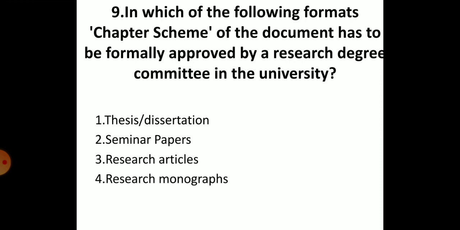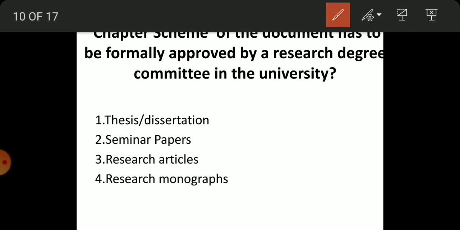They examine the research proposal of the candidate's proposed thesis or dissertation work along with the title of the thesis, duly forwarded by the supervisor or co-supervisor and head of the institution or organization where the candidate is pursuing his or her research. So option 1 is the right answer.